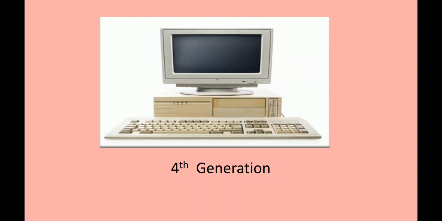The examples of fourth generation computer systems are the IBM PC and your Apple Macintosh, which was produced in 1984. After that, the fourth generation computer system came in the form of laptops and palmtop computers, which can be carried in your bag also. So nowadays we do the same thing. This is quite close to our generation.